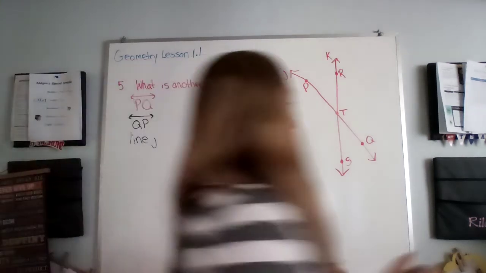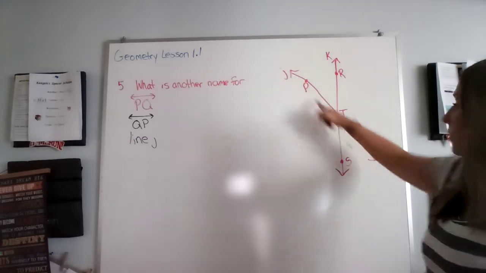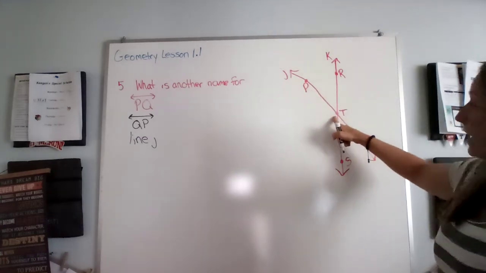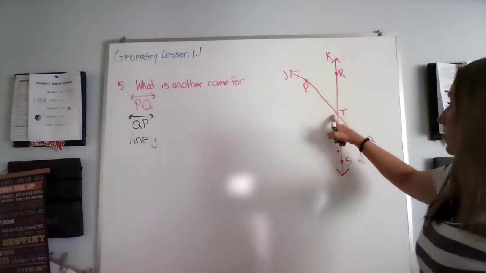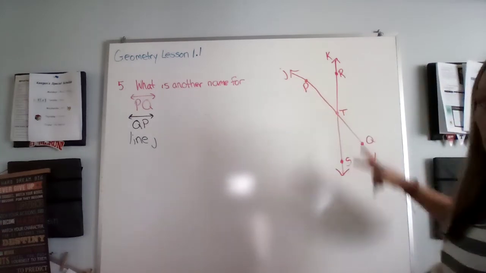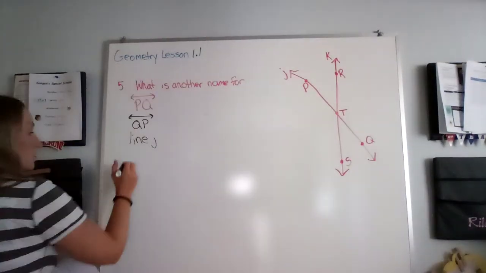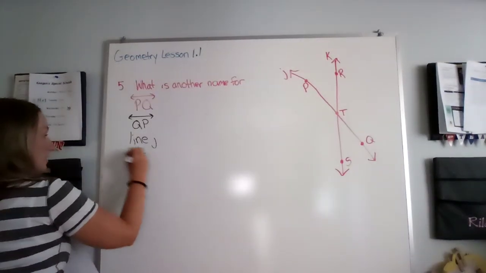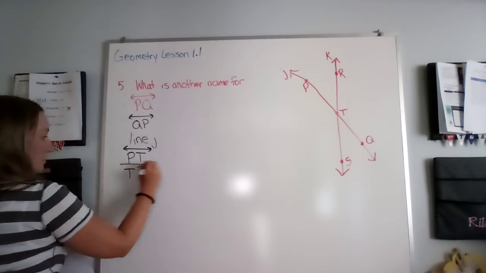You could also pick any 2 points that are on line PQ. So I could use point T, and I could call this line TP. I could call it line TQ. Any 2 points on the line can be used to name the line. So line PT, or you can flip it around and call it TP.